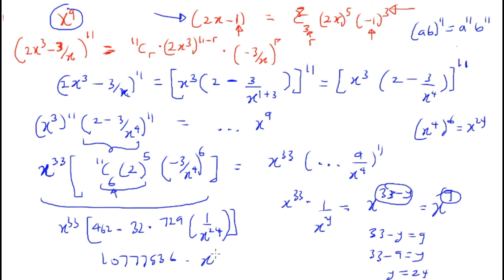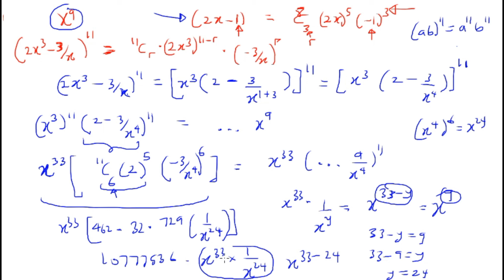Then x raised to power 33 would multiply 1 upon x raised to power 24. So that's supposed to be x raised to power, if I deal with this separately, 33 minus 24, which is the same thing as x raised to power 9.